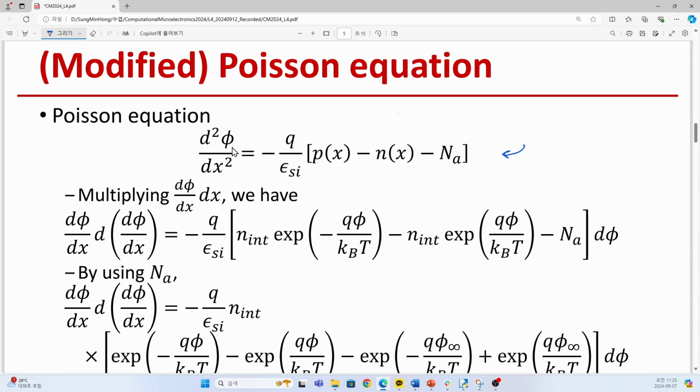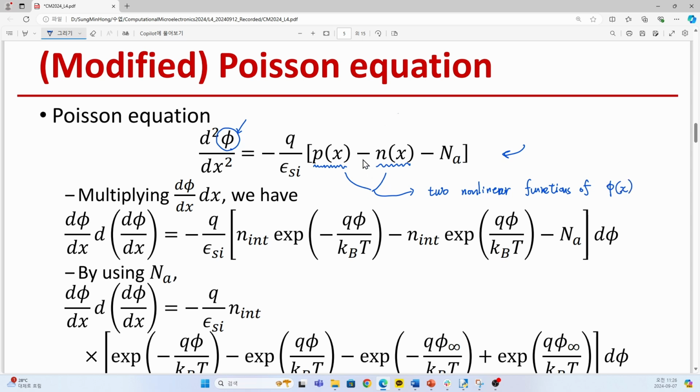So in this case, now we treat this electrostatic potential as an unknown variable, and q and epsilon are given numbers. And here we have a hole density and electron density, but they are right now just treated as two nonlinear functions of phi of x.